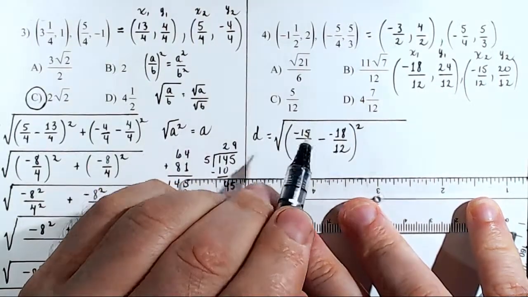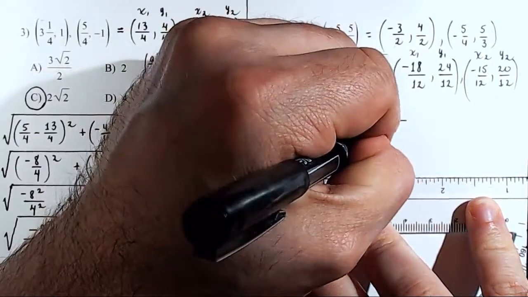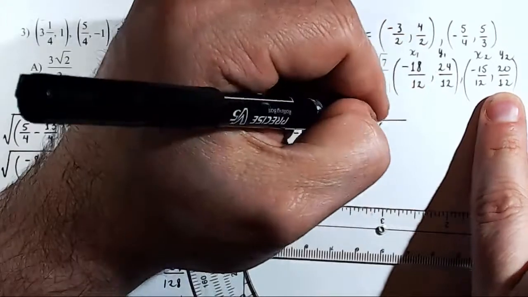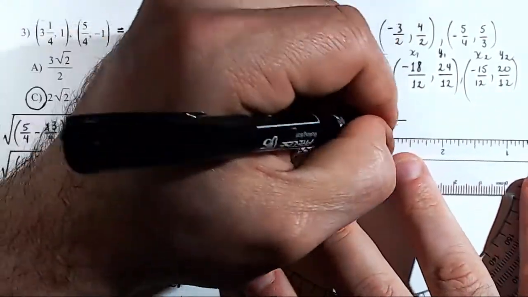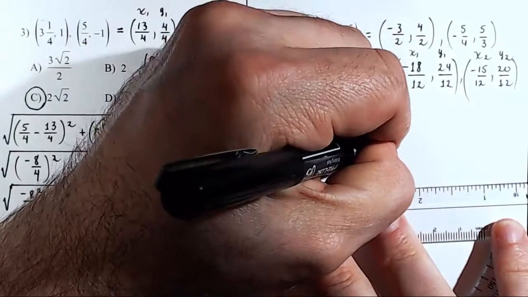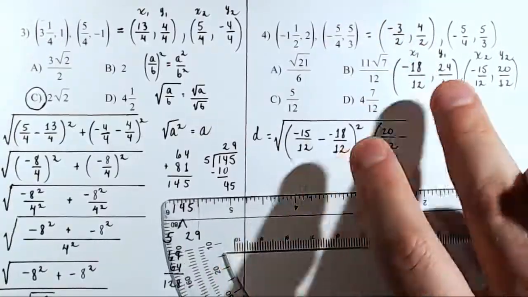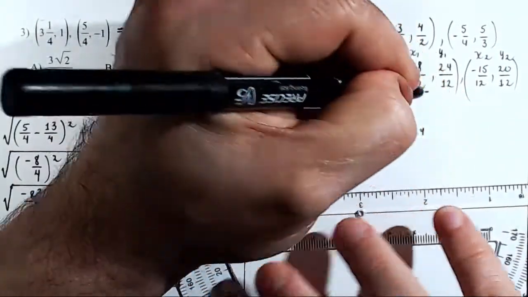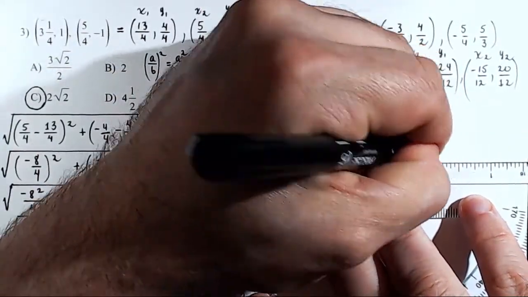Can verify that that is x2 and that is x1, plus y2, here we go, I'll never make this mistake again. This is 20, famous last words, 20 over 12 minus y1, 24 over 12, squared.